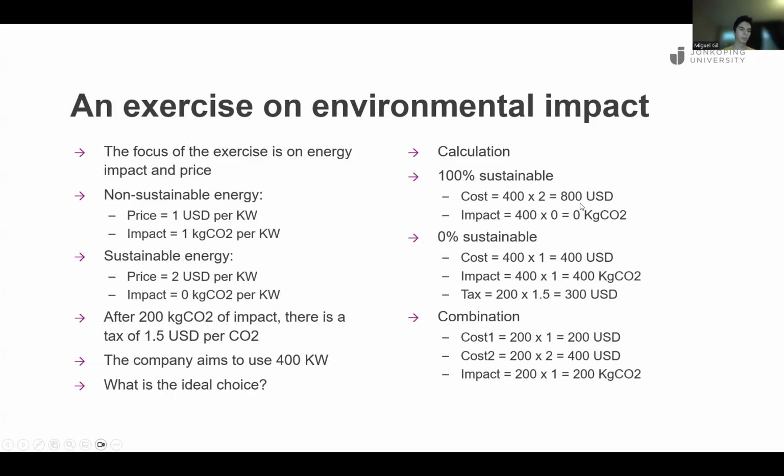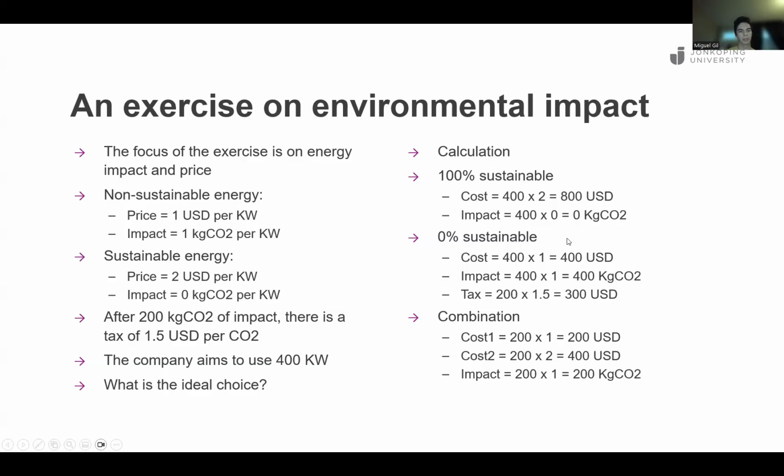That's the cost of being totally sustainable. And the impact is zero, because it's 400 kilowatts multiplied by zero, since it's no-impact energy. So if you want to be totally sustainable, it will cost you $800.